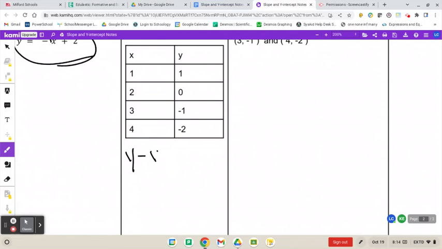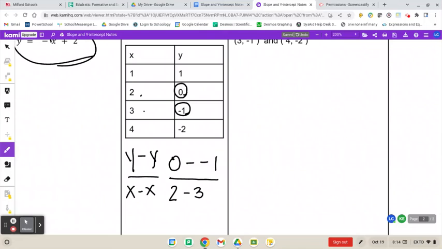So if we go and do these, just to double check and make sure you're good, we have y minus y divided by x minus x. Alrighty, so I'm going to pick 0 and -1, okay? So I'm going to do 0 minus a -1 divided by the x's that go with it, so 2 minus 3.